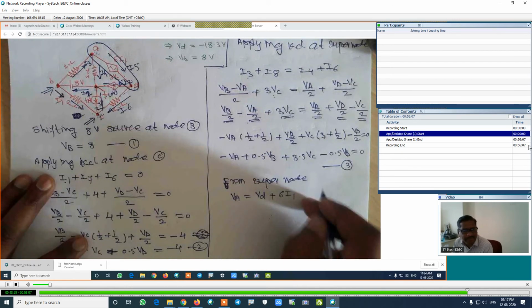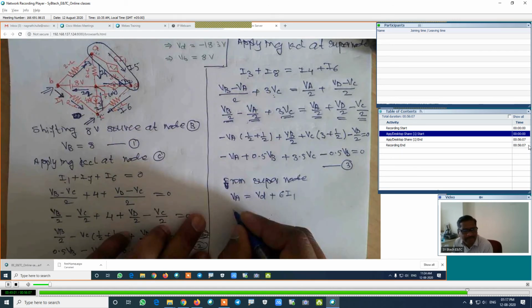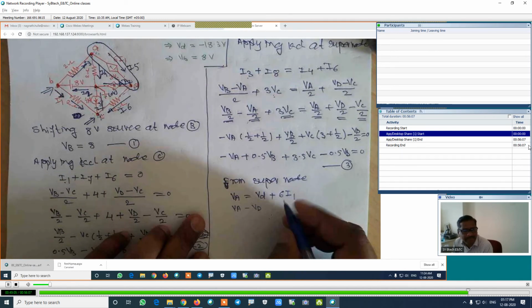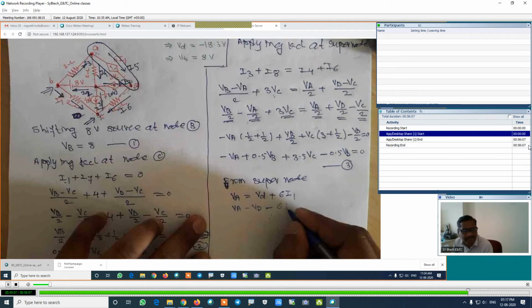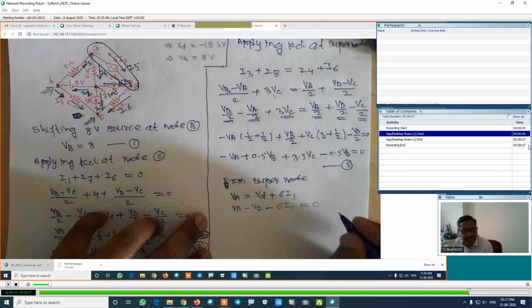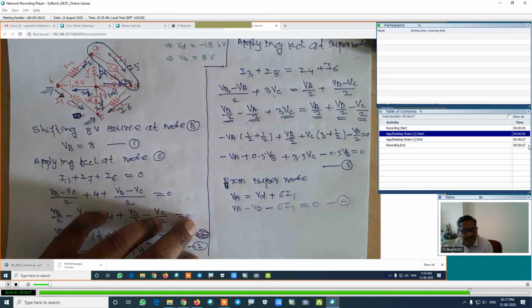Simplify this equation. Now the equation will be VA minus VD minus 6 into I1, which is equal to 0. This is equation number 4.